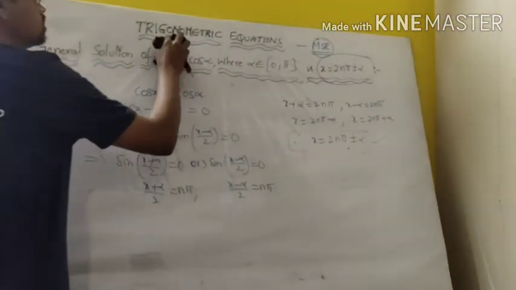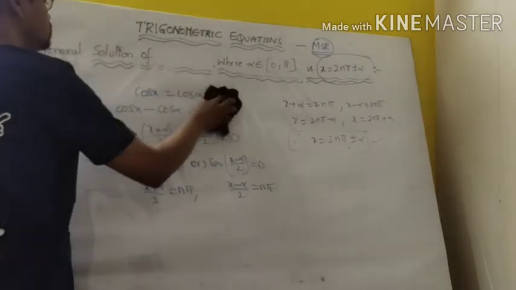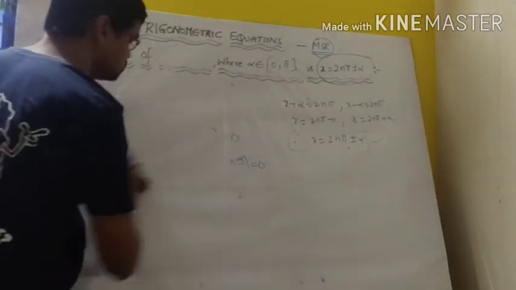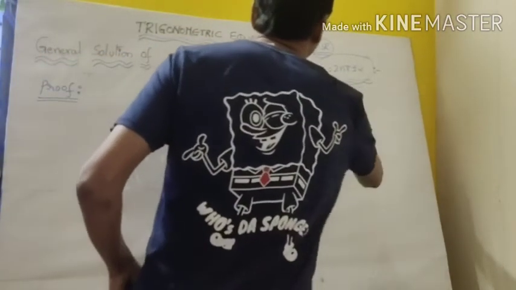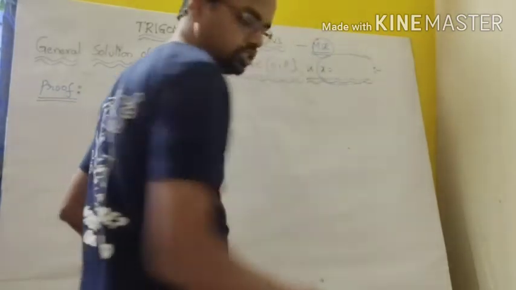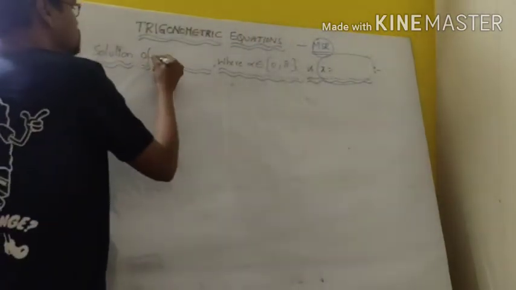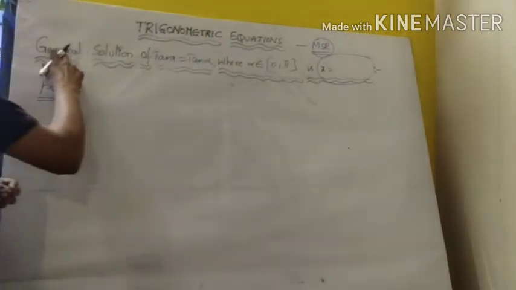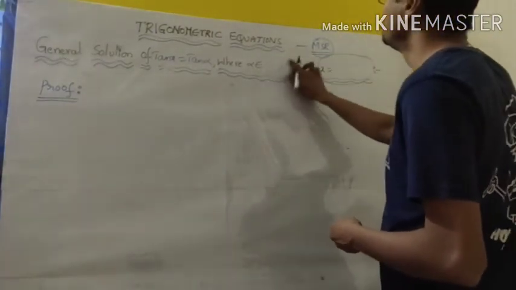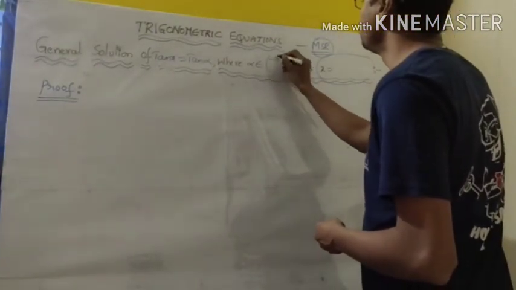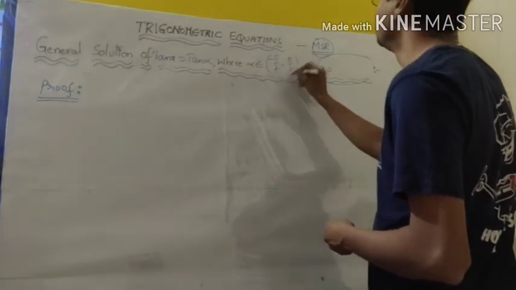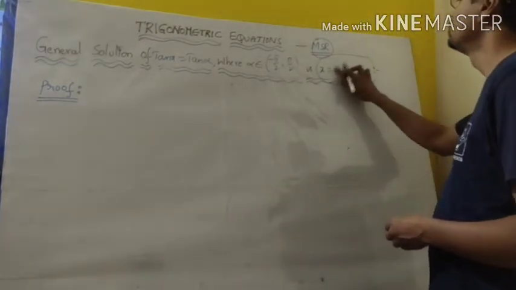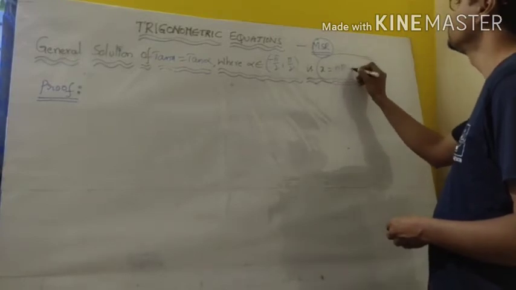Next we will discuss the general solution of tan x equals tan alpha. The general solution of tan x equals tan alpha, where alpha belongs to the open interval minus pi by 2 to plus pi by 2, is n pi plus alpha.